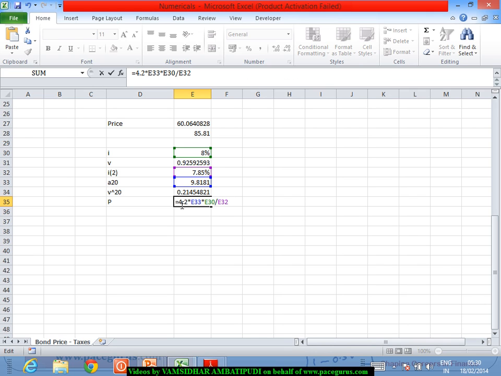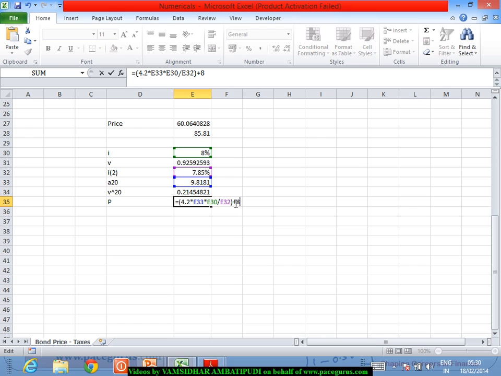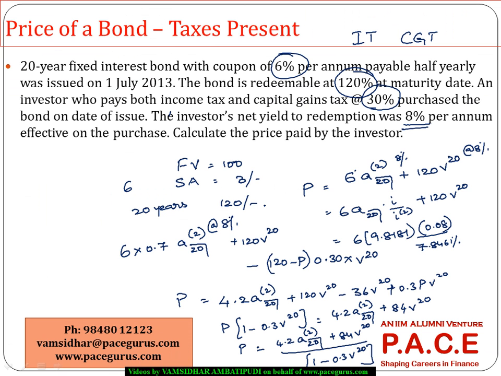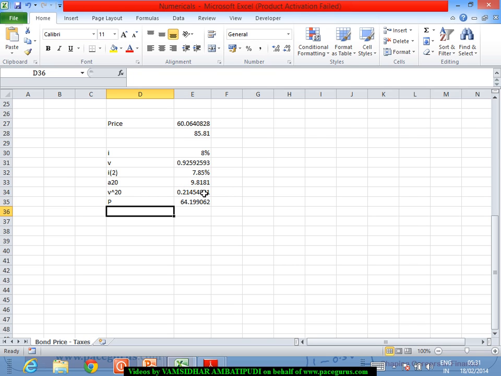Let me put this first part under a bracket. Then I have 84 v^20, which is the second part. This entire number I am dividing by 1 minus 0.3 v^20. So doing this will give me that the price is only 64.2.